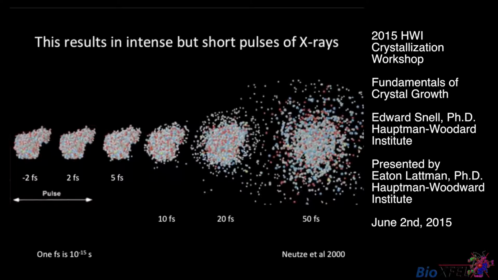And all the radiation takes place instantaneously within the duration of the pulse. And so the molecule looks really pretty good here, but it rapidly falls apart. So this was a simulation that convinced people that you could really use these X-ray laser type beams and pulses to examine specimens, crystals.